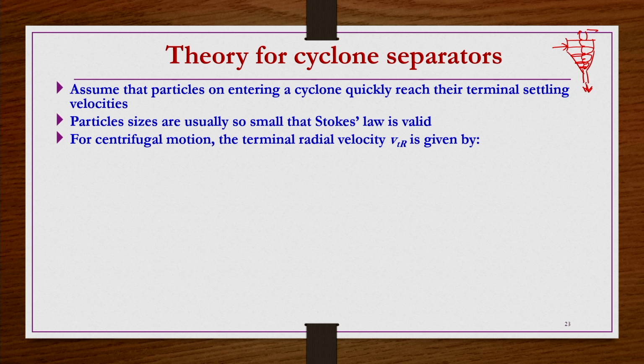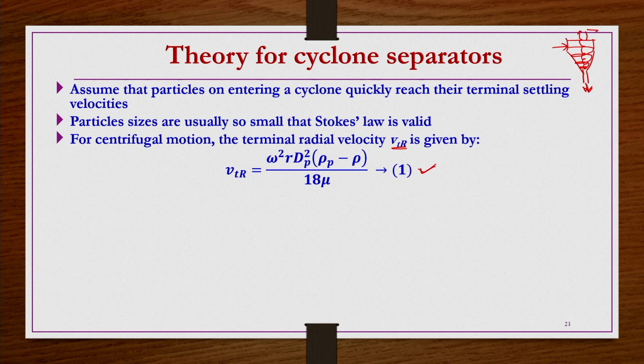The terminal velocity of the particles due to the centrifugal force we designate as VTR. At some location R, VTR is R omega square dp square (rho p minus rho) by 18 mu. This we already derived in one of the previous lectures.